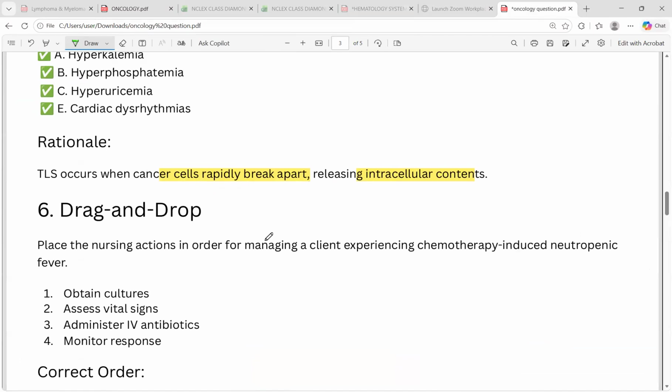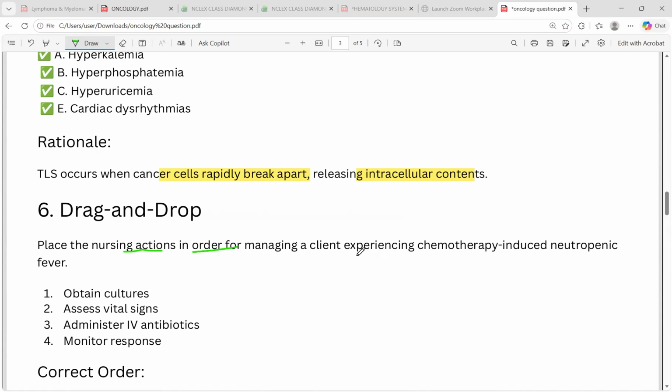One model is the drag and drop question. Drag and drop means we need to drag the answers, which may be in an irregular order, and make them into an order. So in this question, place the nursing actions in order. The nursing actions are in a wrong order, and we need to make them a correct order.